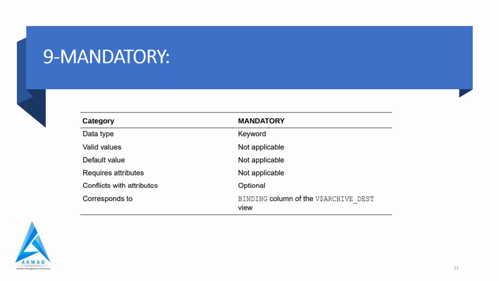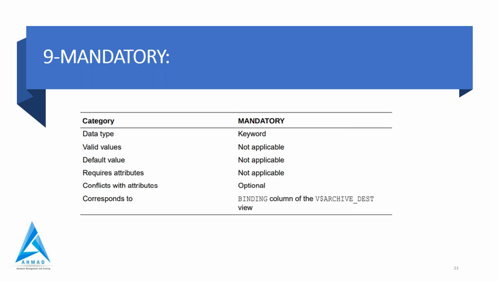Suppose you are setting log_archive_min_succeed_dest equals 2 or 1, and you are giving log_archive_dest_1 location equals the path of the local disk, and then mandatory, then log_archive_dest_state_1 equals enable, then log_archive_dest_3 equals service name, then mandatory, then log_archive_dest_state_3 equals enable.